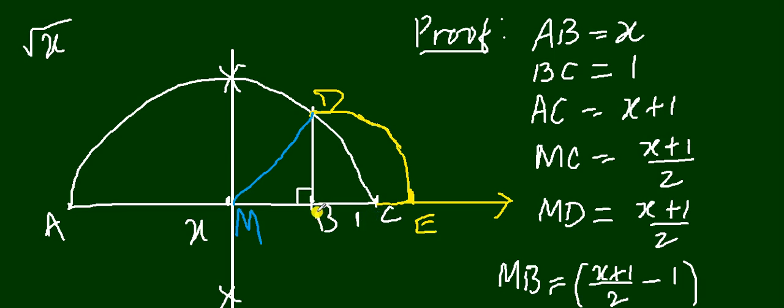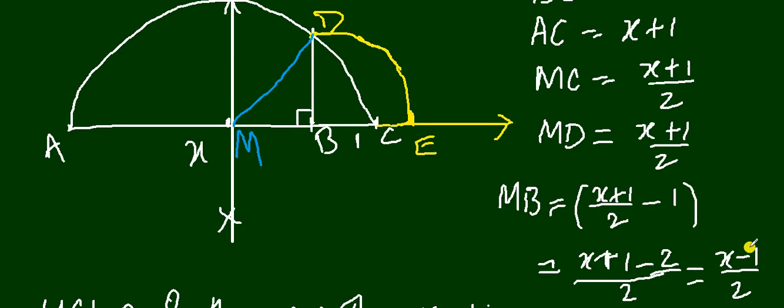Once you have dropped the perpendicular, since D is lying on the same semicircle, MD will also be equal to (x plus 1) by 2. Then comes MB. MB is just 1 unit less than the radius, so MB is (x plus 1) by 2 minus 1. When you simplify it, you get (x minus 1) over 2.